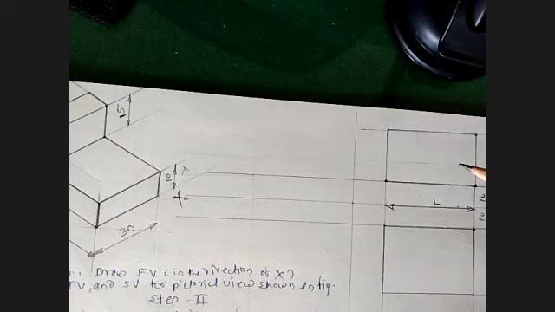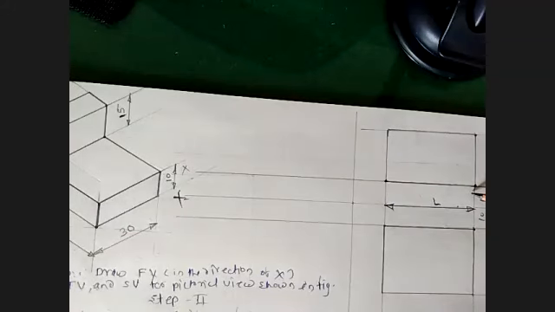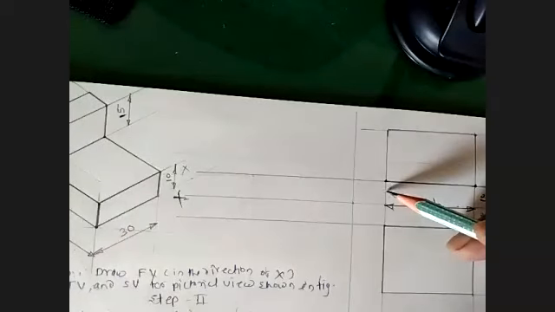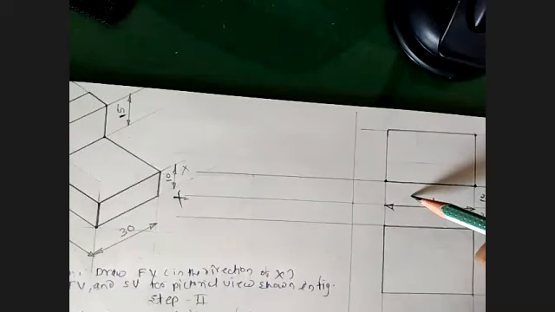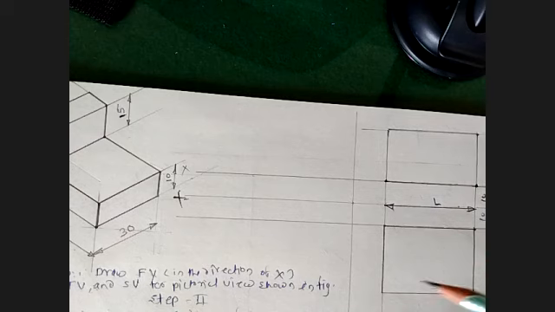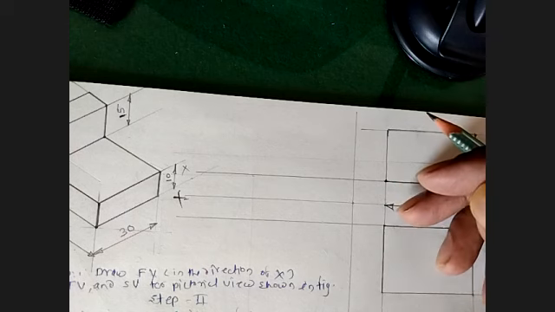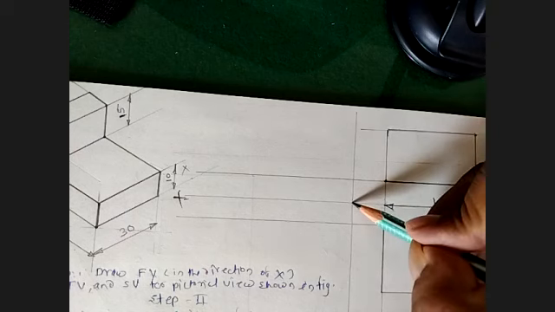Nothing is wrong or right, because it is not fixed. But I suggest 10 because you get separated front view and top view. Secondly, there must be space to give the dimensions, to give the titles such as front view, top view, or to mark the length 40, 50, whatever. From that point of view you always prefer this 10 millimeter, which is more than enough. That's why I have taken this 10.